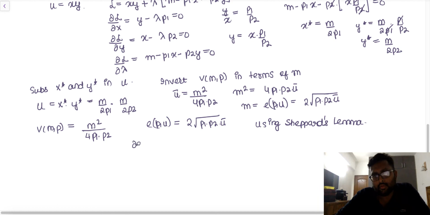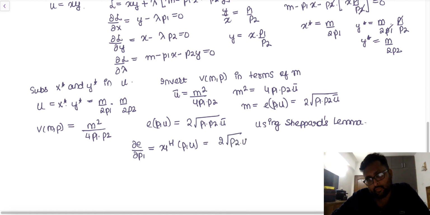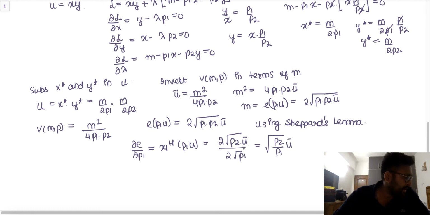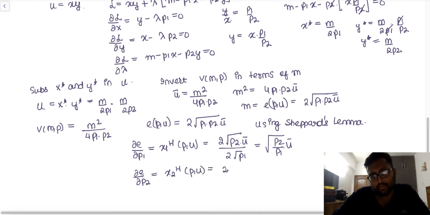So del E by del P1 is x1 H, which is root of p2 by p1 U bar, and del E by del P2 is x2 H, which is root of p1 by p2 U bar.